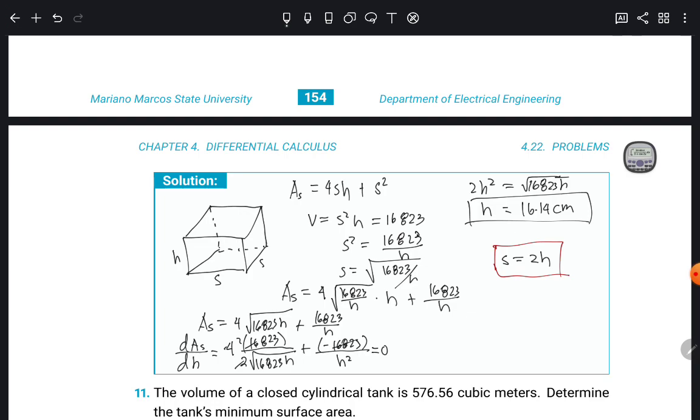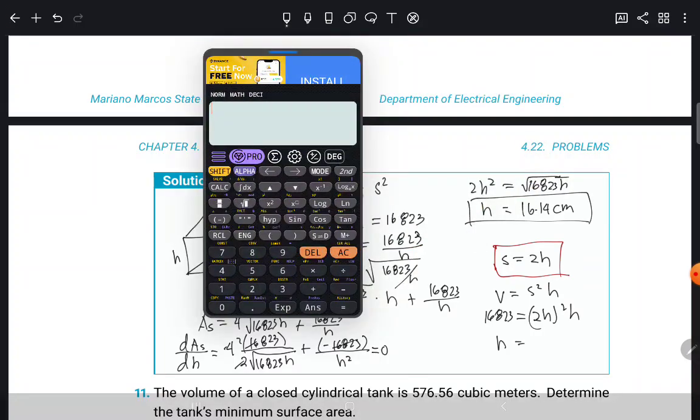Then if we solve for the volume, if you remember, the volume is equal to S squared times height, and we know the volume is 16,823, and S squared is just equal to 2H squared multiplied by H. This will give you also, let me check if it's still 16.14, H squared times H, that's H cubed, so the cube root of 16823 all over 2 squared, so that's 4.